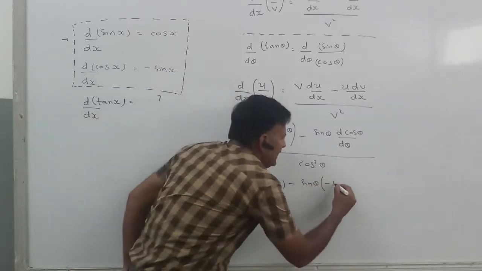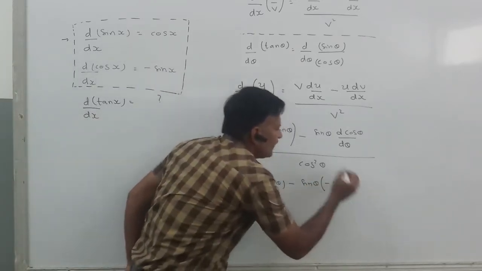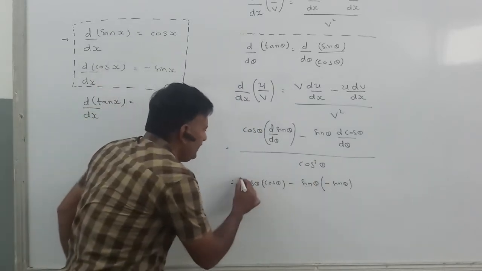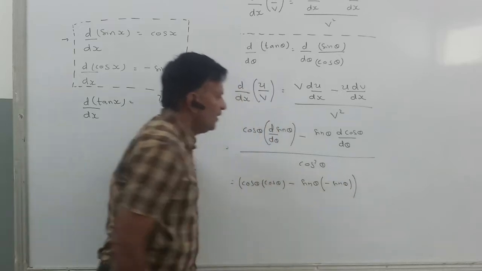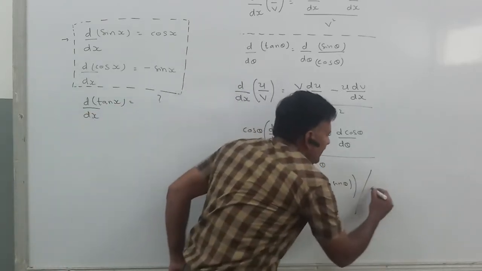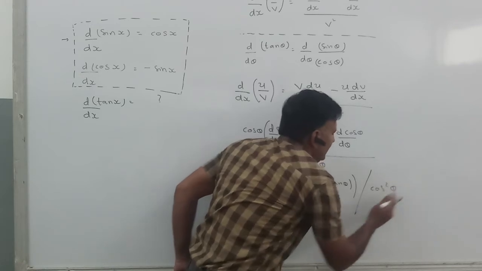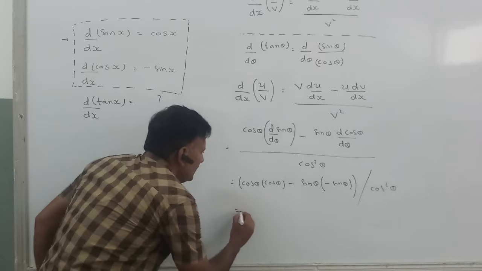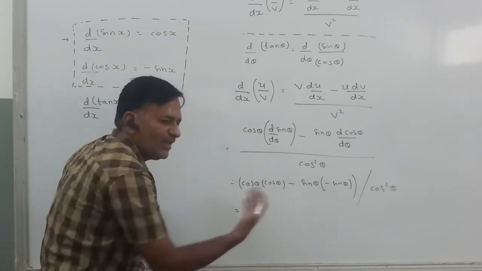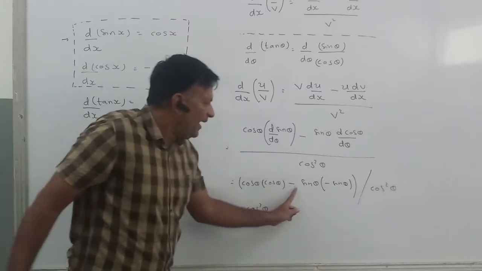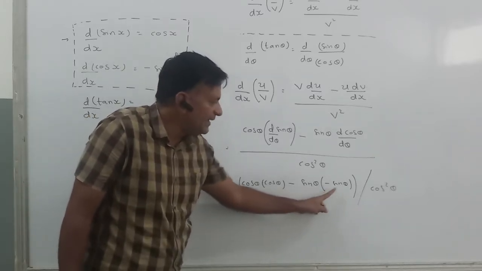Okay, so this is minus sin theta. Okay, now what happens? One thing more you have to do. This entire term is to be divided by cos square theta. Now what happens? Cos theta into cos theta becomes what? Cos square theta, minus sin theta into minus sin theta.